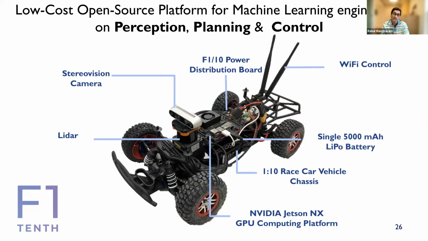And then there's a standard chassis. This is an Ackermann steering four-wheel drive chassis, and essentially it can go to a max speed of between 40 to 50 miles per hour. To be honest, we haven't gone 40 to 50 miles per hour. We've gone, I think, about 17 to 18 miles per hour with autonomous driving, right?